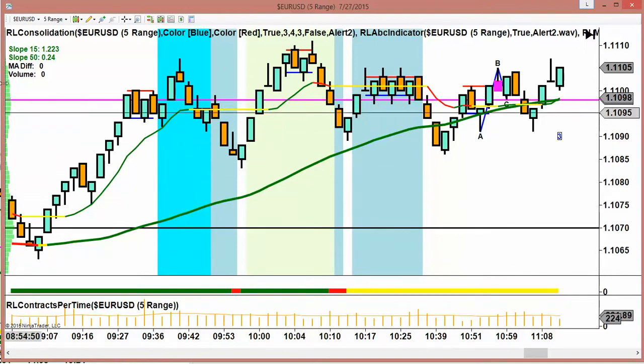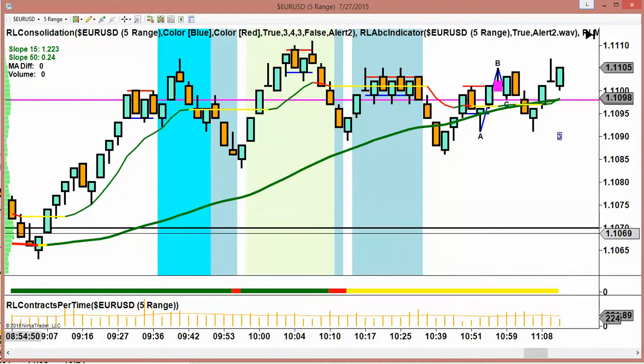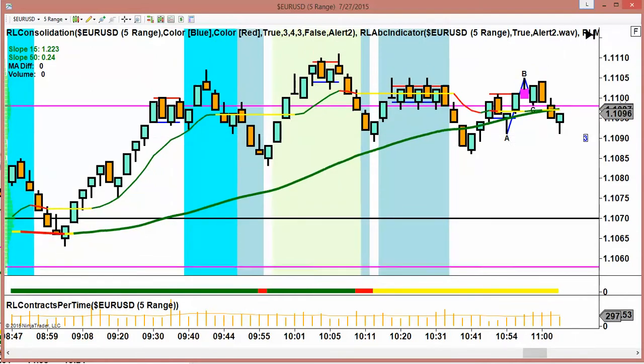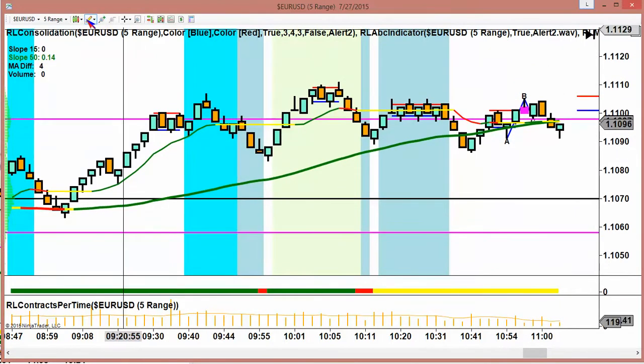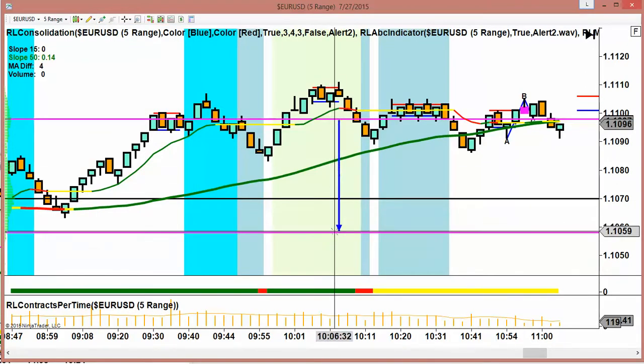We can make the histogram as big or as small as we like. We just chose to make it small, but we wanted it to be present. This tick value right here, or pip value, has the most volume, so this is the point of control. This is the value area high, that brackets the value area low, and within these two areas is where 70% of the volume that's crossed sits.